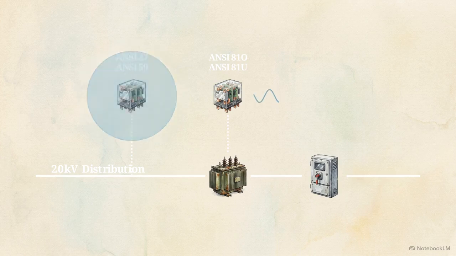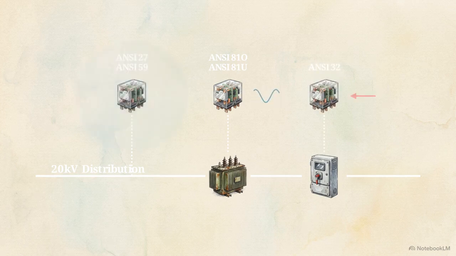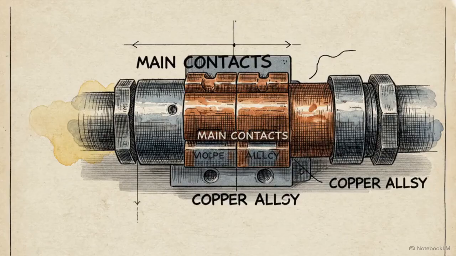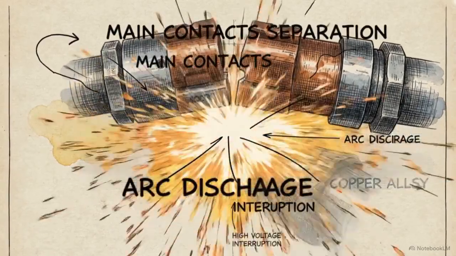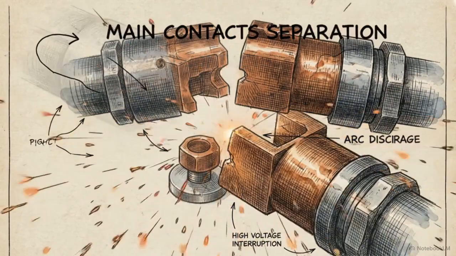To ensure the inverter stays perfectly locked to the grid's 50 Hz rhythm, we add the 81 over and under frequency relays. And to enforce the contractual limits on exported power flow, we install the ANSI 32 reverse power relay. This interlocked array of relays forms an automated system that will instantly sever the connection if the generator violates any physical grid parameters.